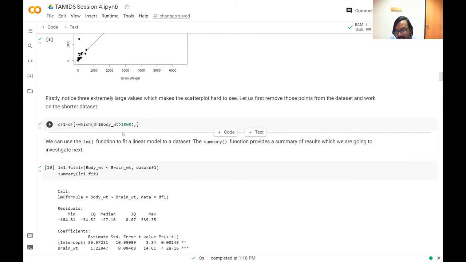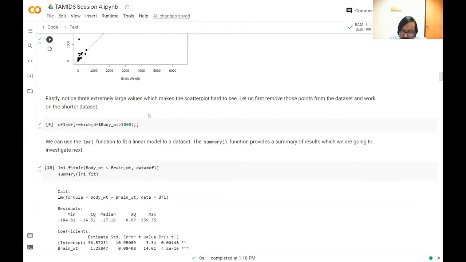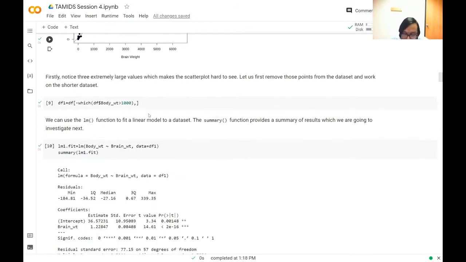We can use the lm function, as we saw before, to fit the linear model. And we are going to use the df1 dataset that does not contain these 3 large points to analyze the linear model. Notice that in the first line here, the variable lm1.fit stores the linear model.